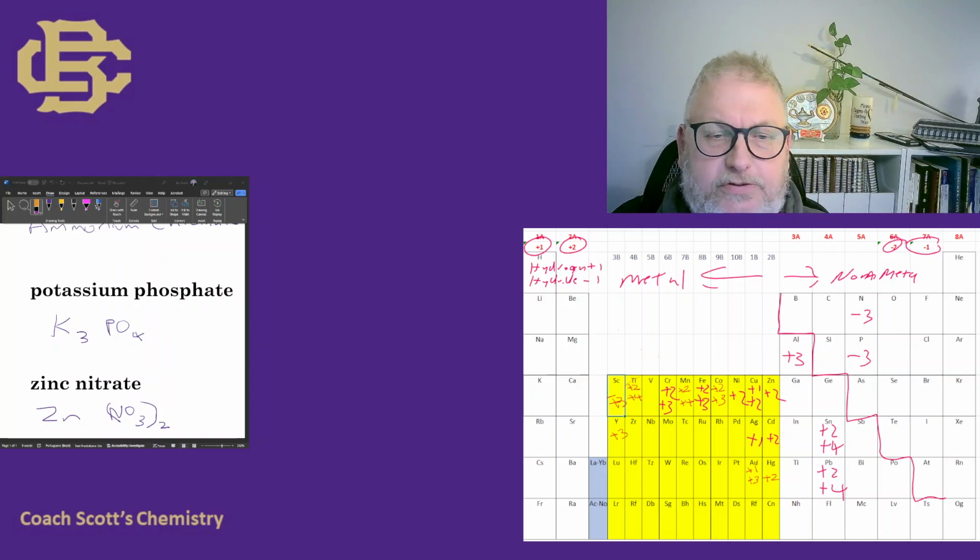I don't know if you see it or not. So anyway, you can use that sheet, find the name, whatever you need to do. If you're writing the name, you need to find where it's at. ClO3, CrO4, 2 minus, whatever. For the formula, you need to find out what the charge is.